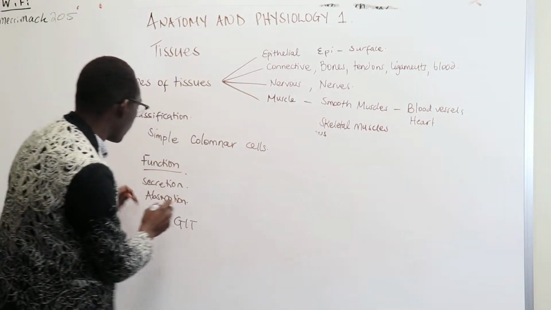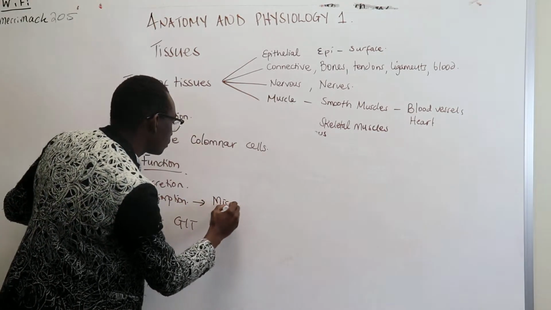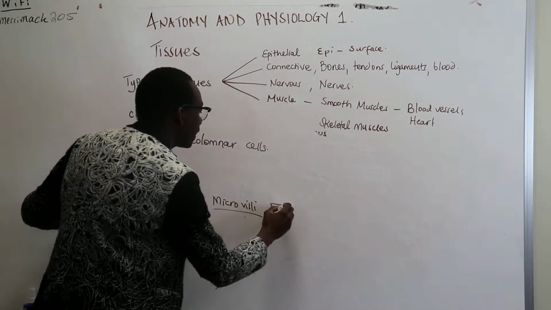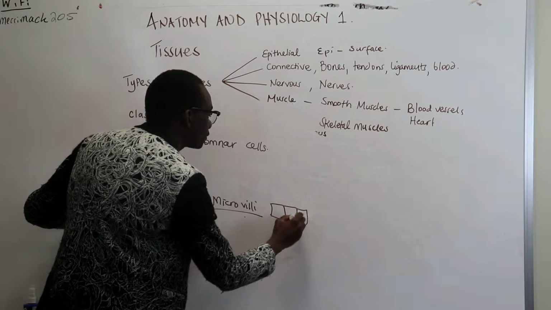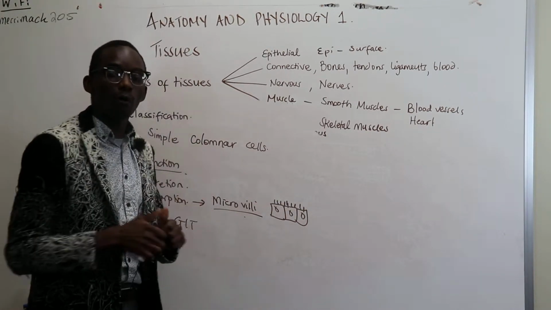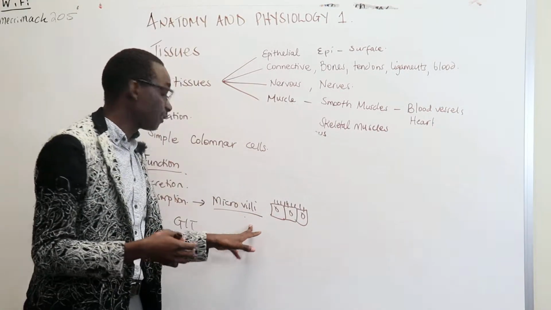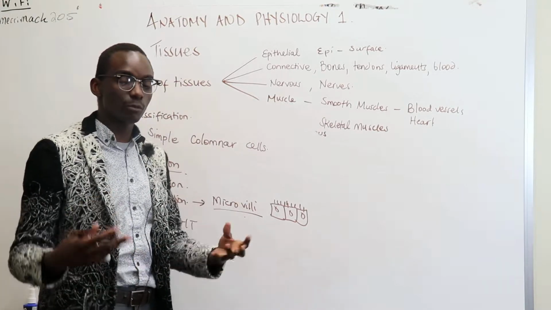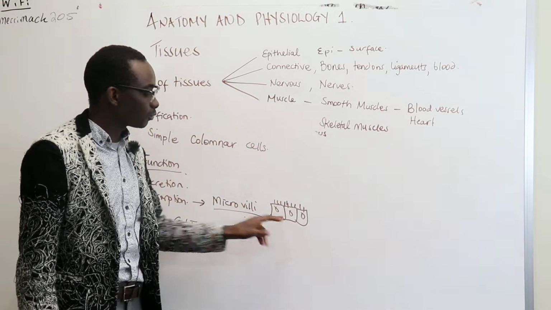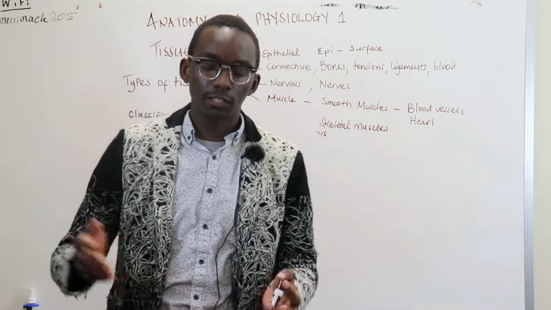The cells in the absorption part have what we call microvilli. These microvilli are hair-like structures found on these cells, and they perform a function in the absorption of food materials, after enzymes have digested most of the macromolecules. These cells absorb all those materials, and later they are taken into the blood system.